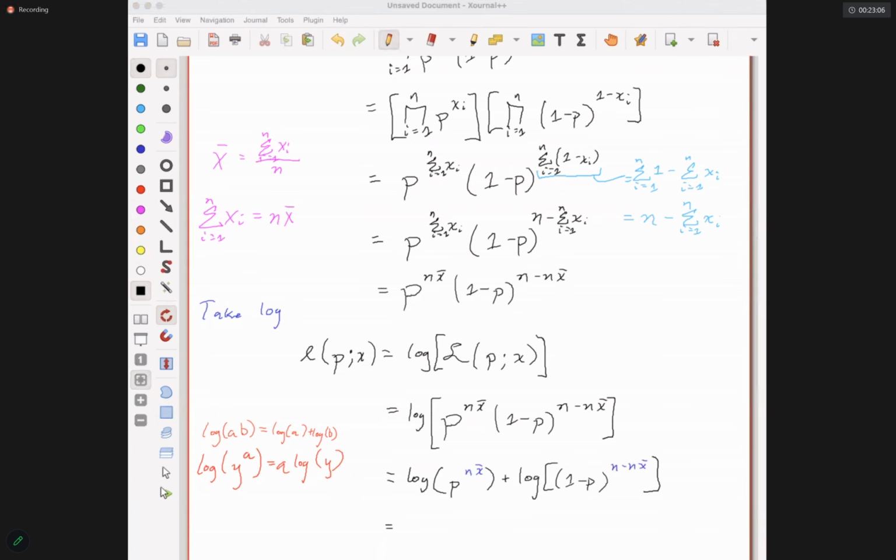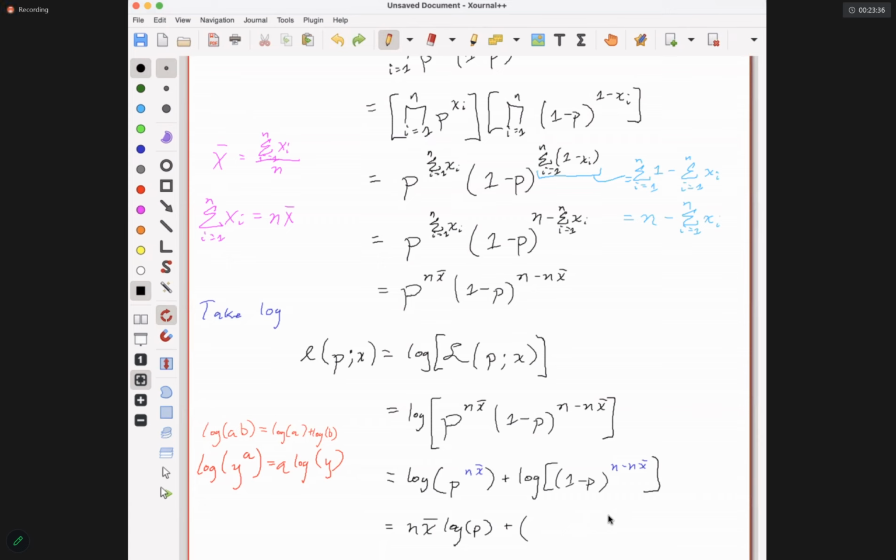So what do I do with those to get them out of the logarithm? I can just bring them to the front, and then the p and the 1 minus p will not be raised to any exponents. So this is just n x bar log p plus n times nx bar.